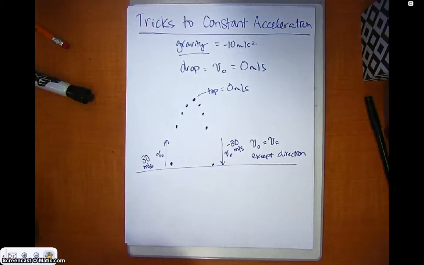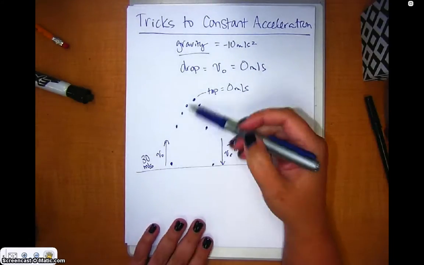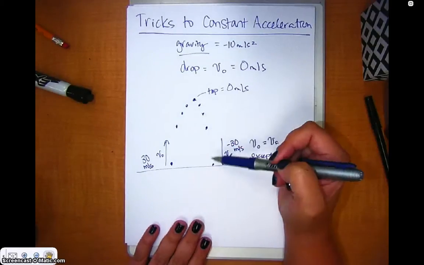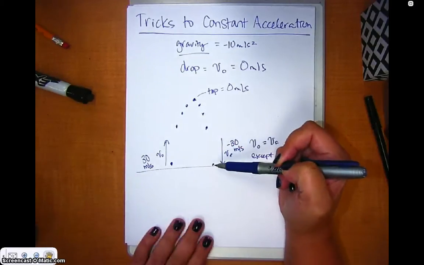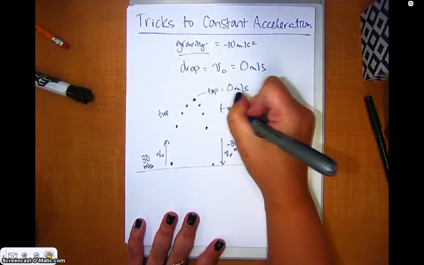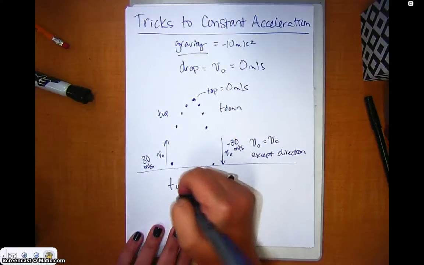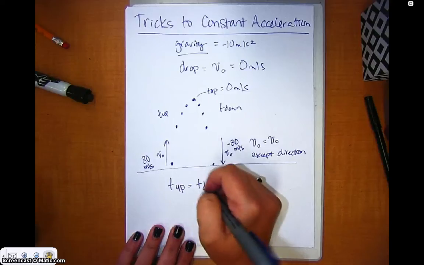Now let's talk a little bit about time. So when we throw something up in the air, the time it takes to get to the top is going to be equivalent to the time it takes to get to the bottom. So time up is here, and time down is here, and those two are going to be equal to one another.